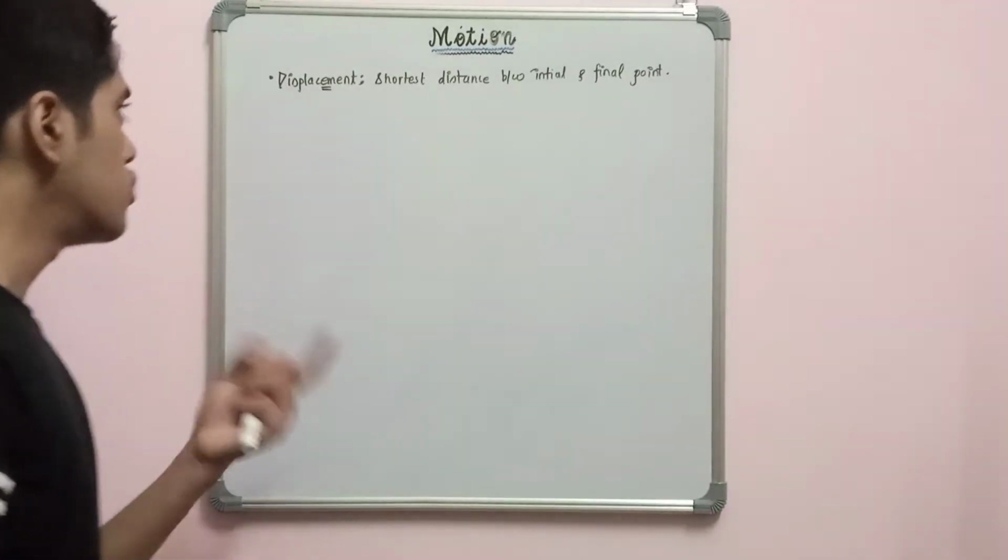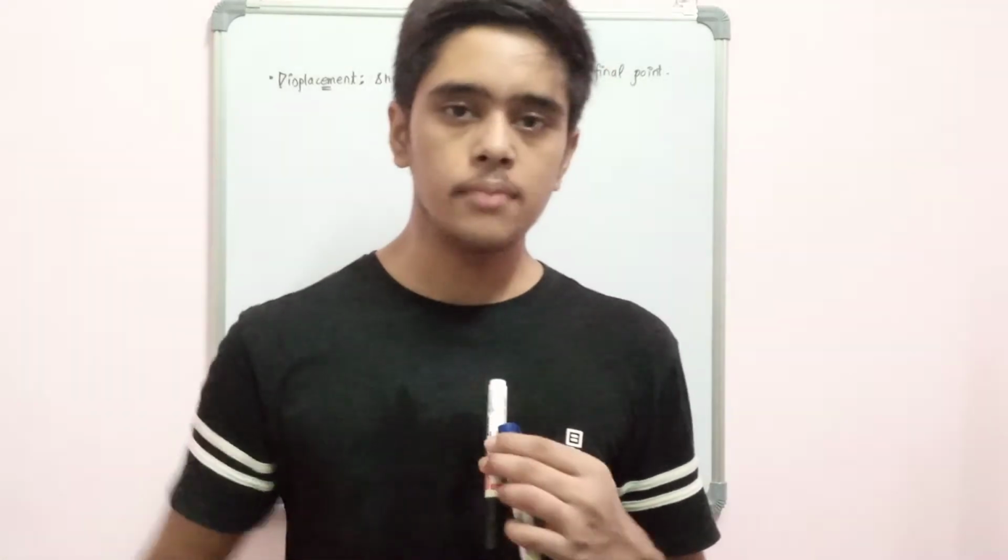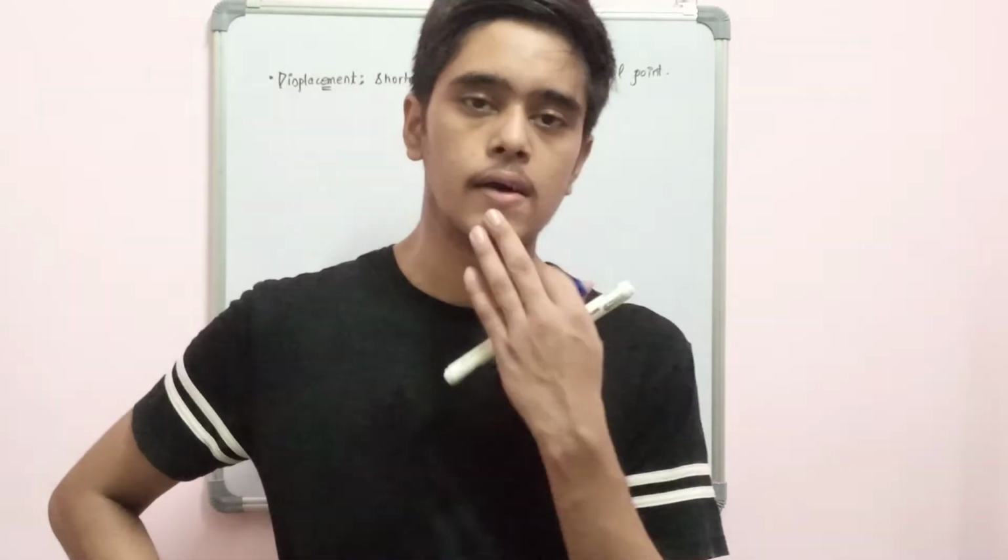So what does distance actually signify? Distance is different from displacement by just one statement. Just listen. If I say I have moved 5 meters, then what does it suggest?